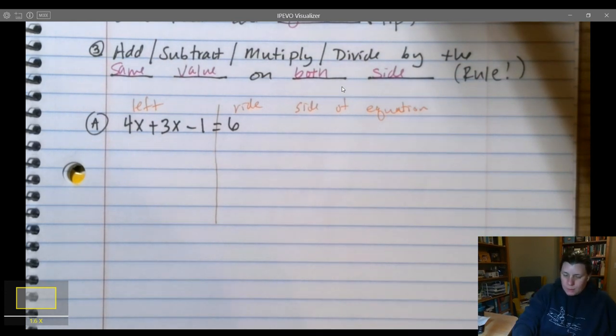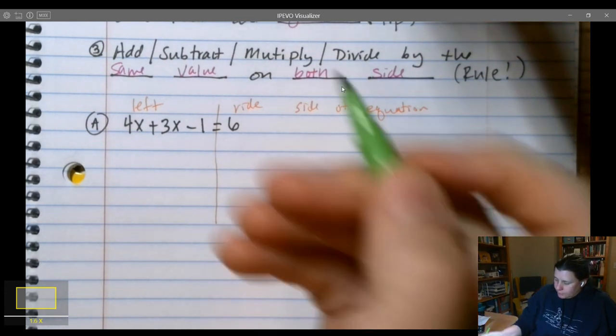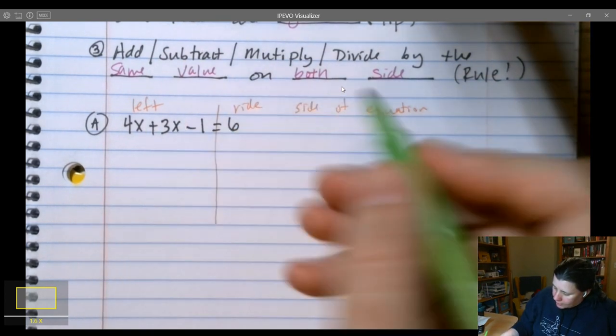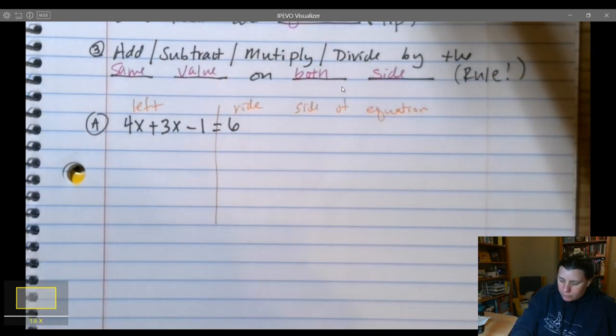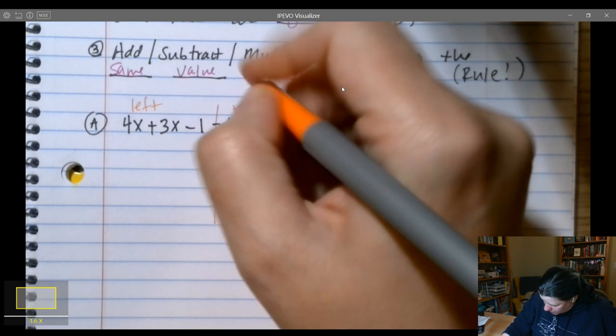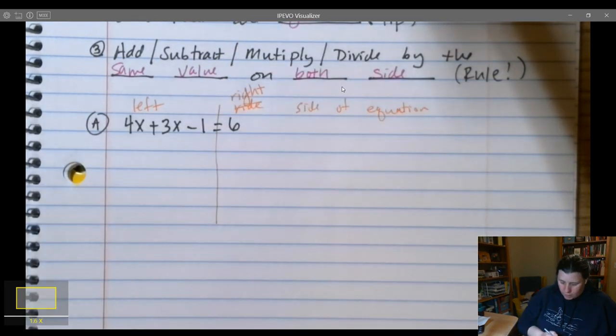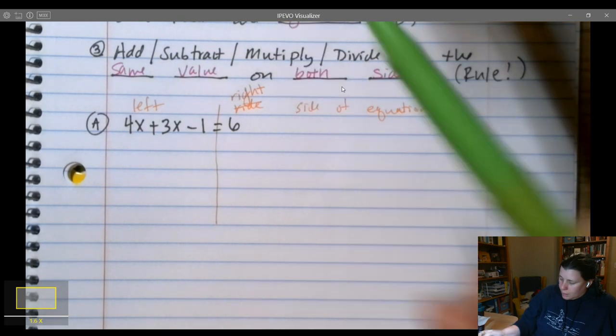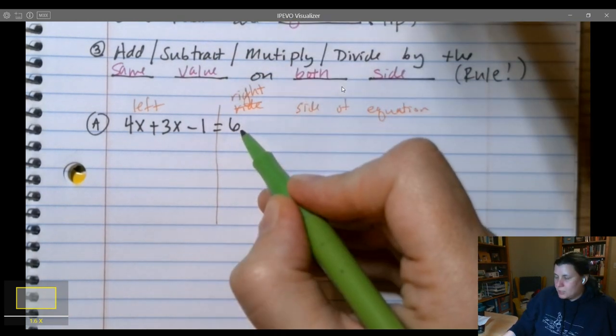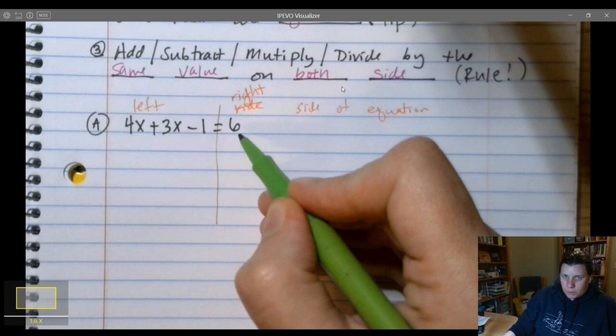So this is what we need to keep balanced. Okay, so the first thing that I'm going to do is look at the left-hand side and the right-hand side. On this right-hand side, it's just a value that I can't get any simpler than a single number.